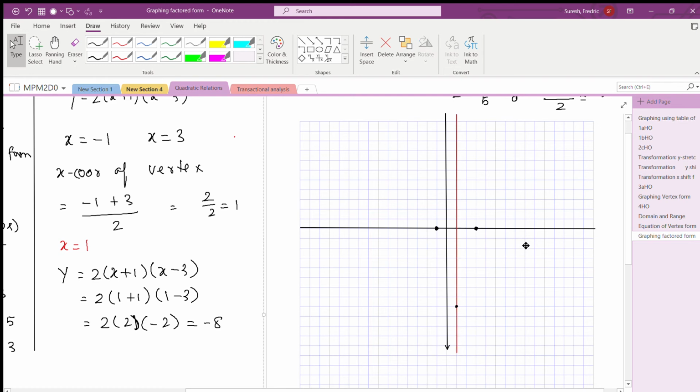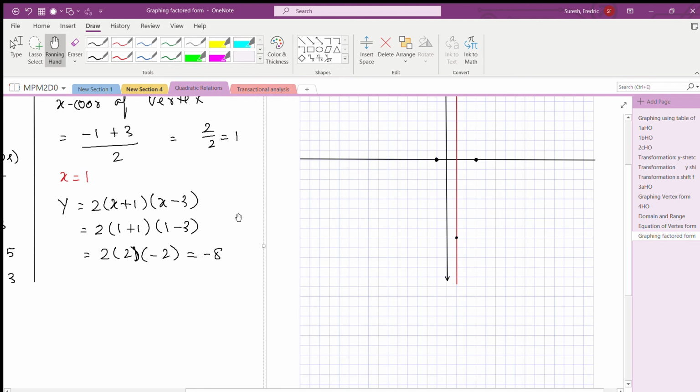Not only do I need the x-intercepts and the vertex, I'm also going to calculate the y-intercept value. Now, in the previous video, we saw that to calculate the y-intercept, we set the x value to 0 in the equation.